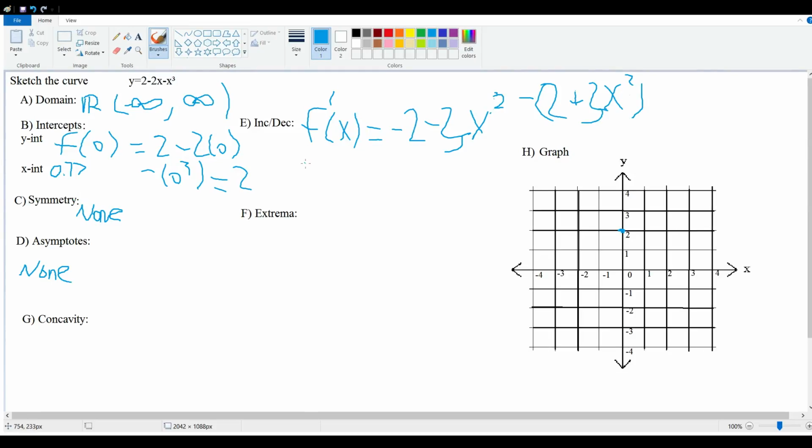Okay, so that means if we look at where it's increasing, we want the derivative to be greater than 0, and sorry about that, my audio cut out.